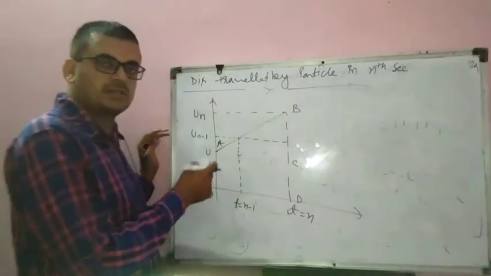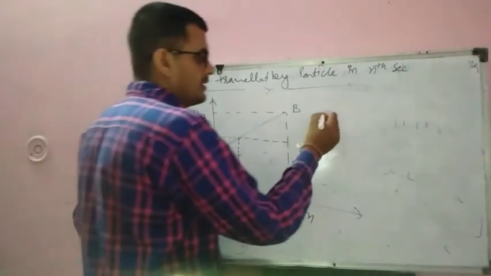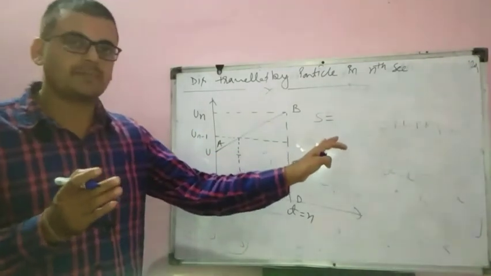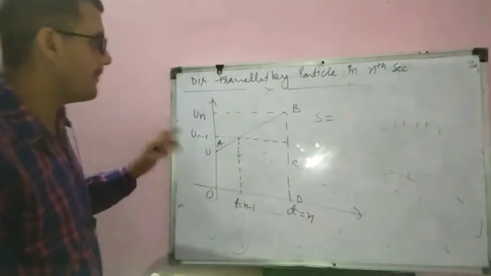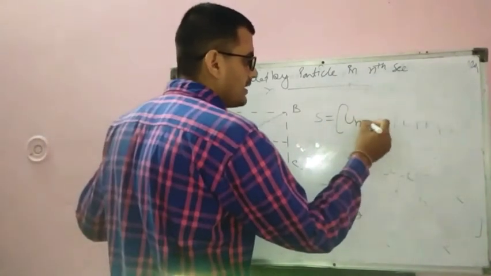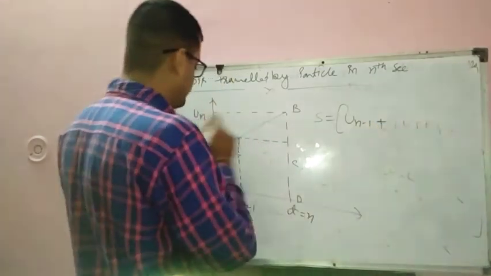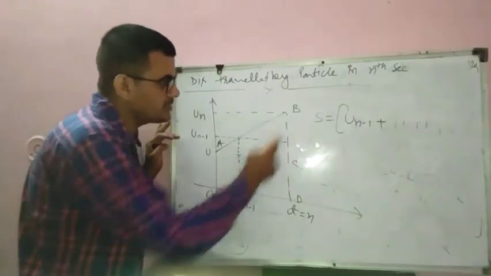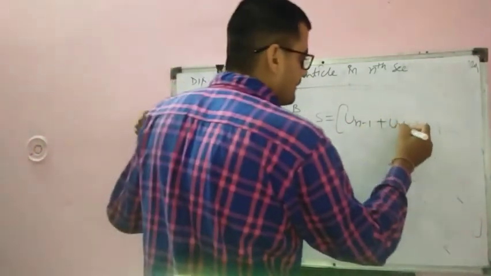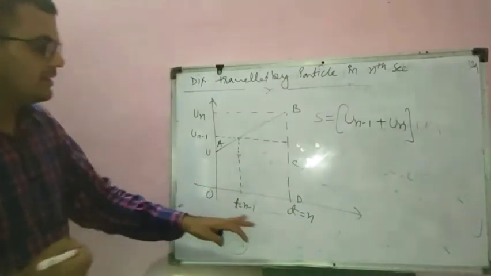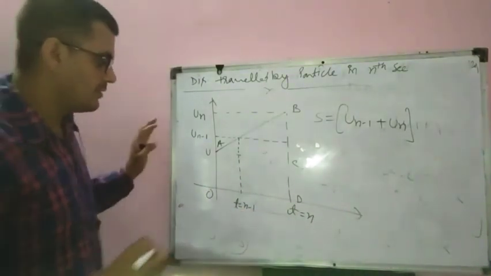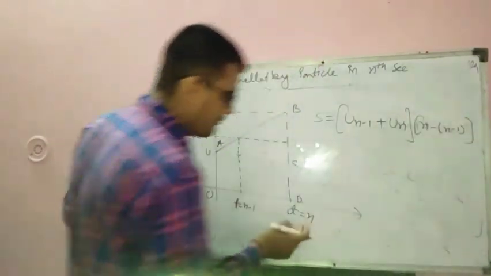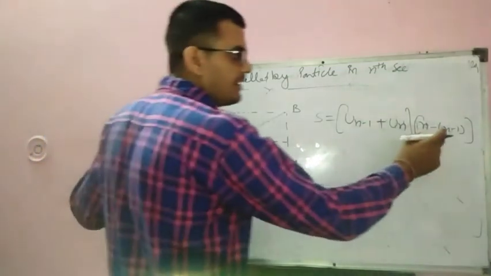Again, find out the area of this trapezium. What do we calculate by the area of a trapezium? The distance traveled by the particle. It is equal to the sum of parallel sides, v(n-1) plus vn, times the height, n minus (n minus 1), final minus initial.